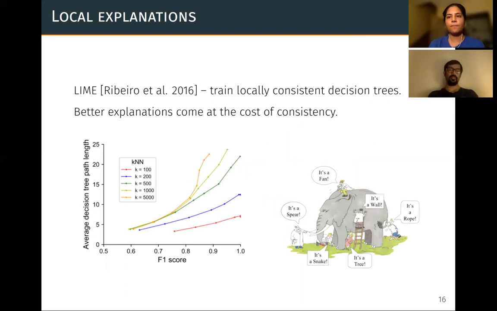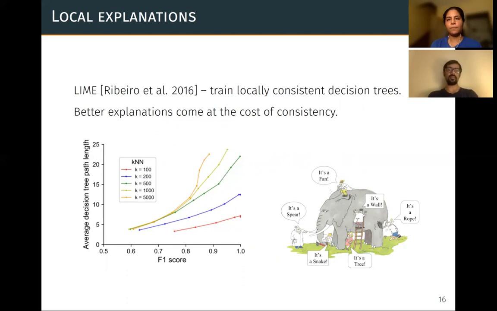We also compare our approach, which we call global explanations, with the well-known approach of local explanations proposed in the literature. Essentially what we do in this approach is take a subset of points which are close to the word which we are trying to explain or predict, and we train an interpretable model like a decision tree for that subset of words, and we come up with better explanations.